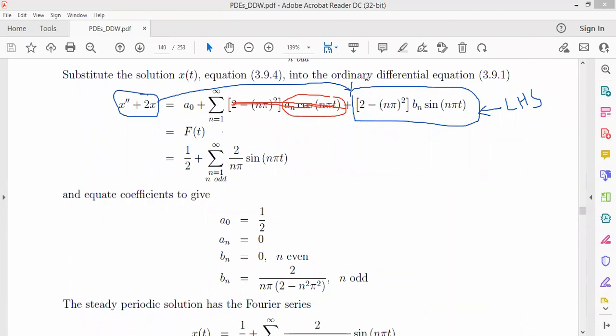I'll use color green. This one here, the green is so thick, you may not even know that it is green. Some of you who are colorblind may think that it is black. So let me change maybe to a lighter green. So this one here, I hope we are together. This is now the right-hand side.